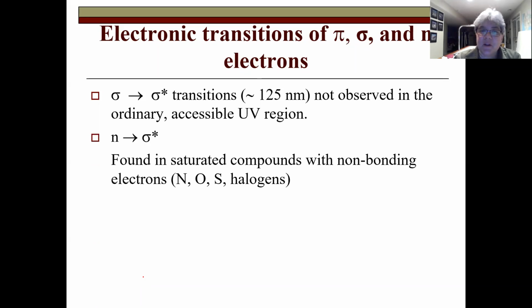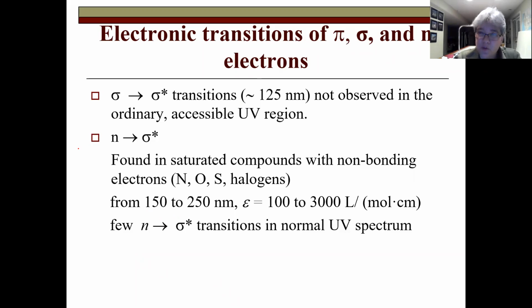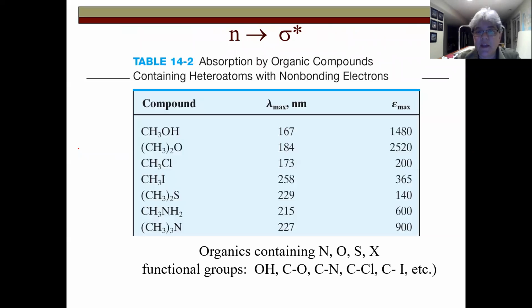The n to sigma star: these are in compounds that have something with a lone pair and single bond. Most of these are also down in the low UV, the far UV, 150 to 250. So these also are not very useful for us. There are a few that are in the normal UV where we can measure them, and this table shows you.